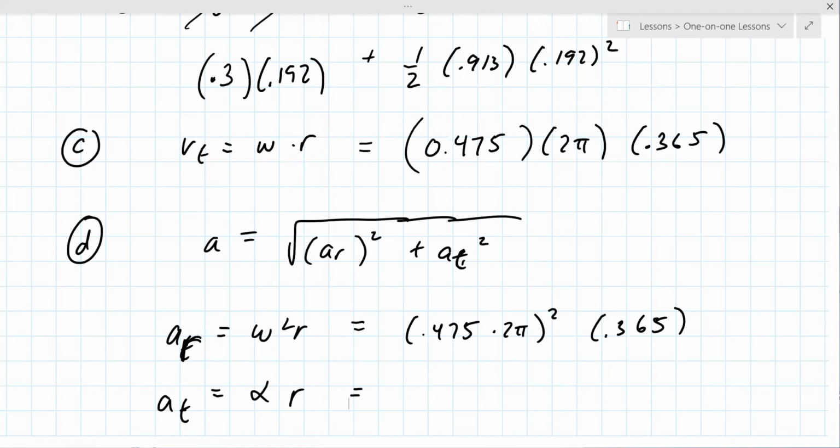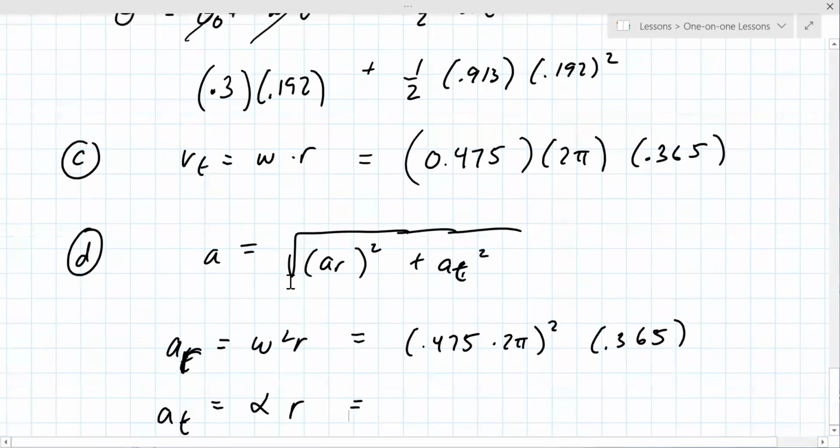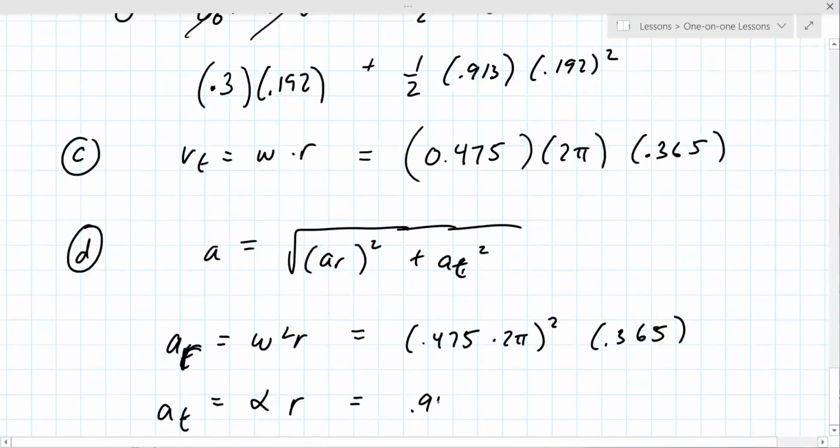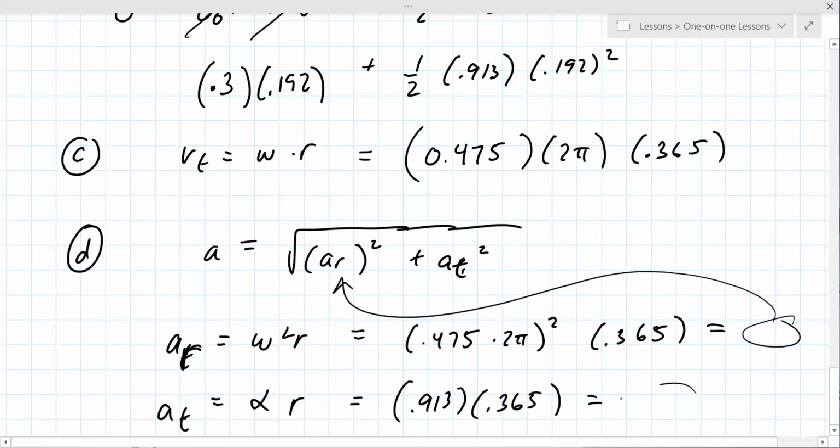Alpha is given. I forgot that it was given. Alpha is 0.913 times 0.365. So you get two numbers here. Both of these numbers go into this square root, and you square each of them, then take the square root of the sum. Awesome.